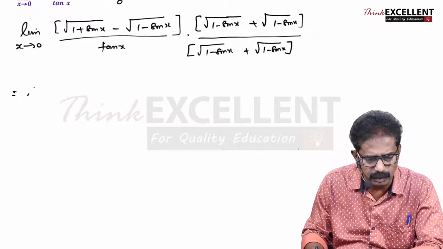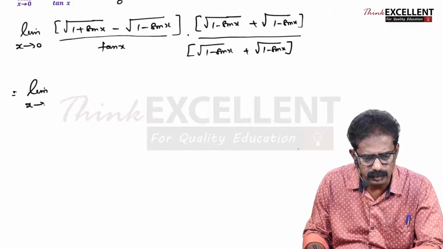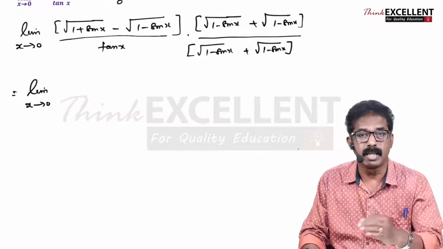So you can write it as limit x tends to 0, a minus b into a plus b is a square minus b square.